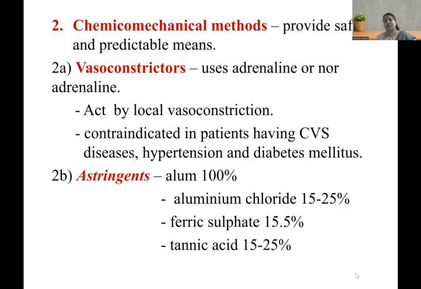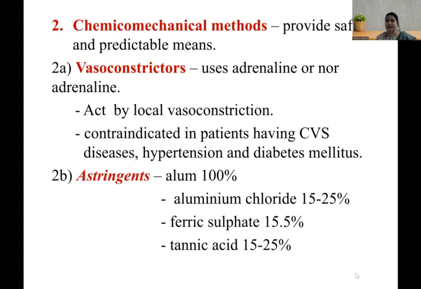Now the chemicomechanical methods provide a safe, predictable means, and we use vasoconstrictors like adrenaline and noradrenaline, which act by local vasoconstriction. It is usually contraindicated in patients having cardiovascular diseases, hypertension, and diabetes mellitus.